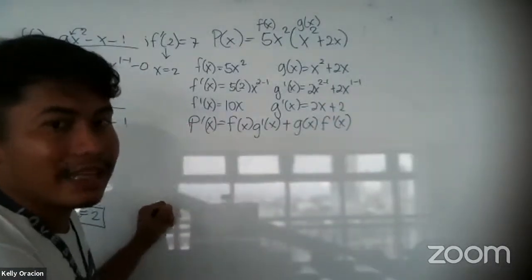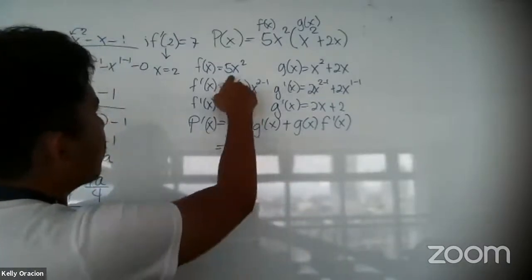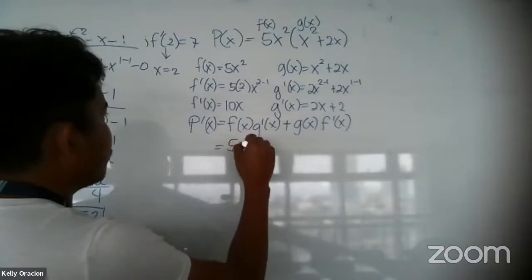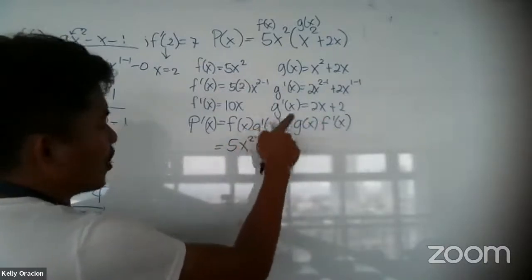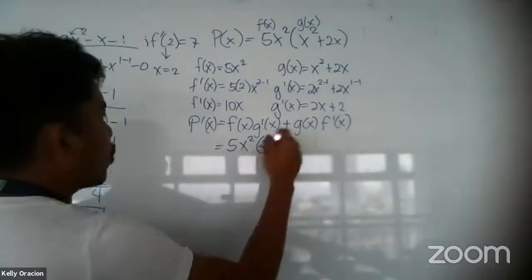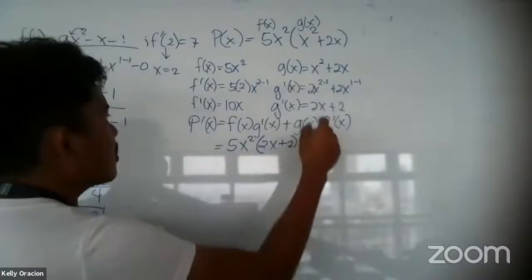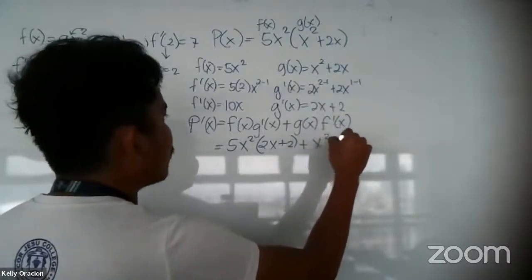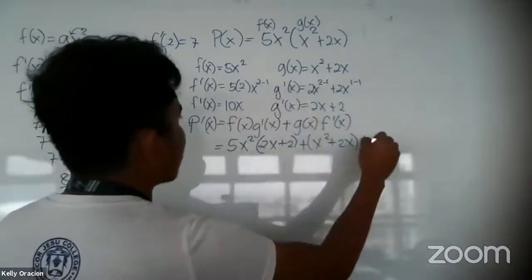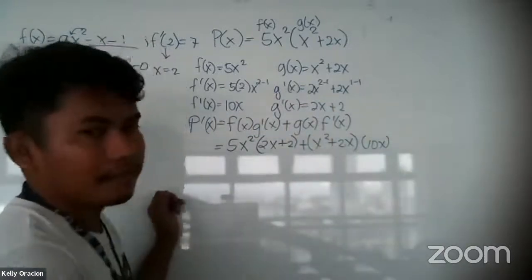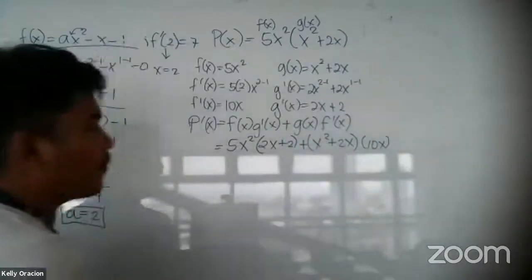Then substitute: f of x is 5x squared, g prime x is 2x plus 2, plus g of x, x squared plus 2x, and lastly f prime x is 10x. And then simplify.